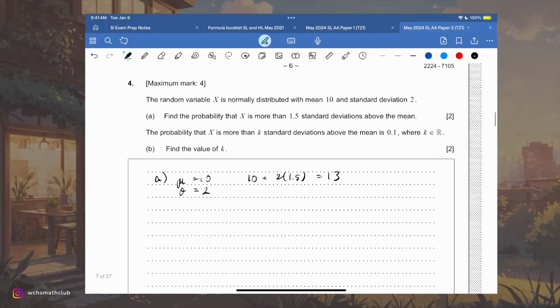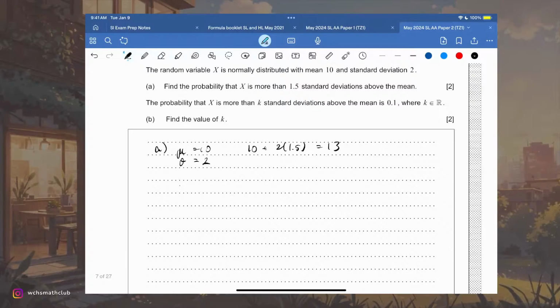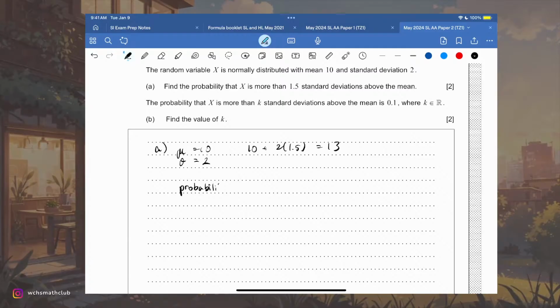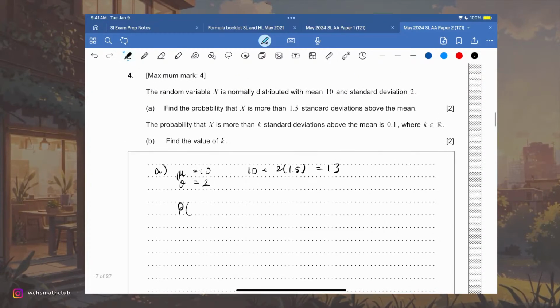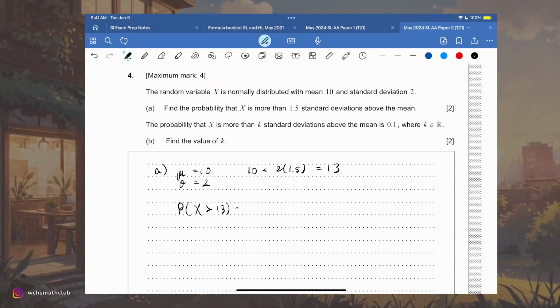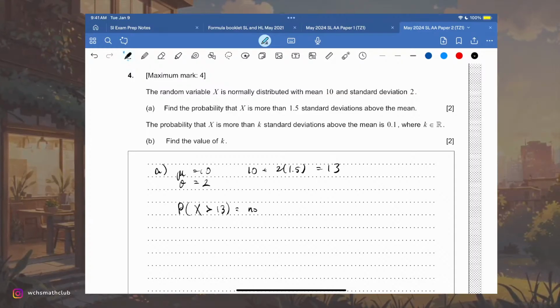To be even more concise on the exam, you could just write P(x > 13) equals, and then the function we use on our calculator.